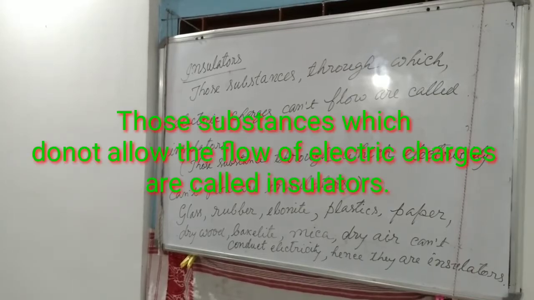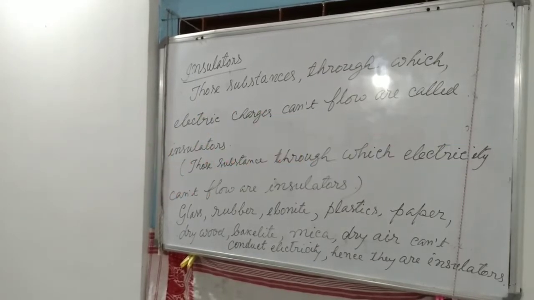Now let's come to insulators, the other category. Those substances through which electric charges or electricity cannot flow or pass are called insulators.